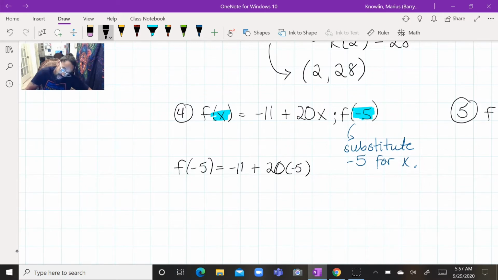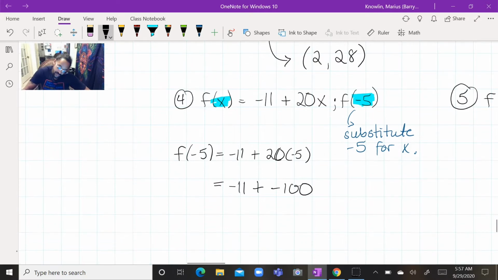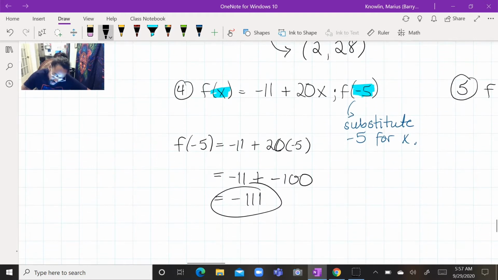When we work this out, this is going to be negative 11 plus negative 100, and a negative plus a negative makes an even bigger negative, so this is going to make negative 111.